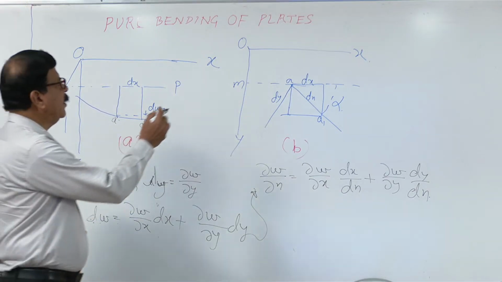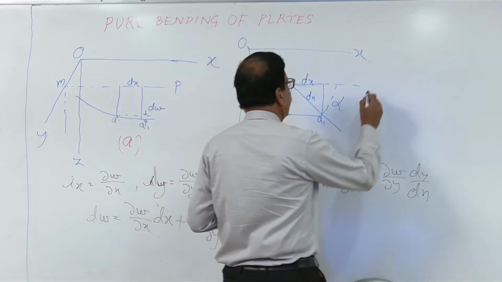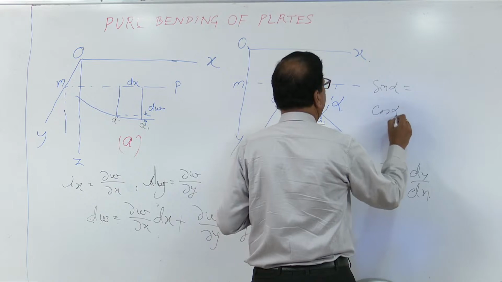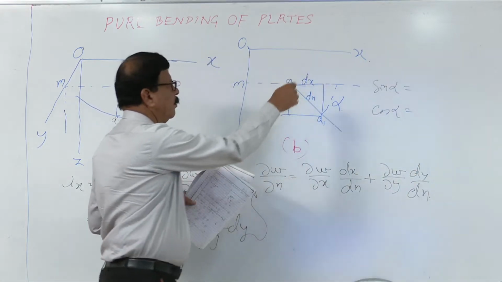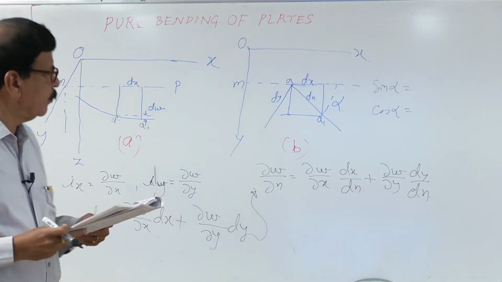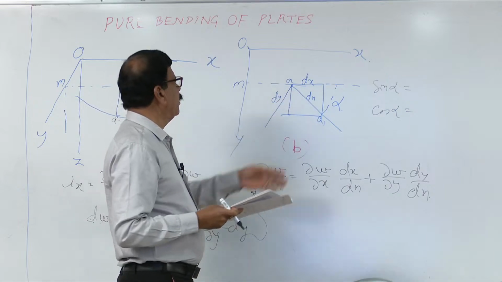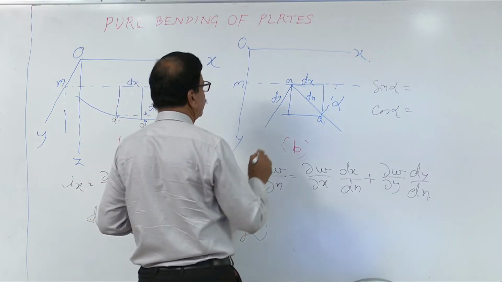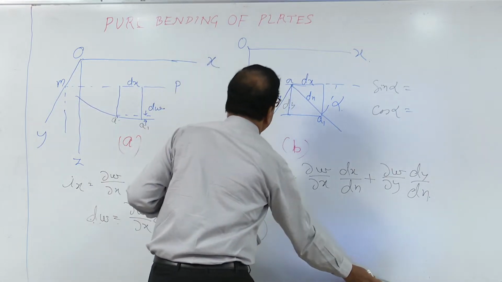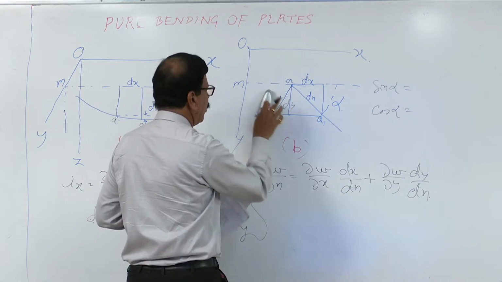Now, from this figure, sin alpha and cos alpha, who will tell me? These are the sides dx, dy. Sin alpha dx upon dx. Yes. Cos alpha dy upon dx.